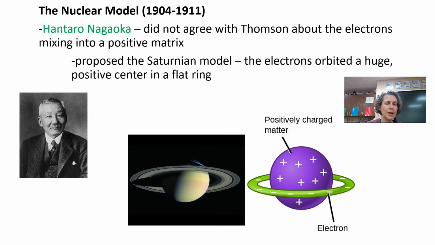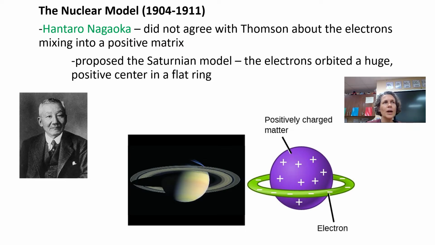scientist is a Japanese man named Hantaro Nagaoka. I'm so sorry. And there's a picture of him. This was, again, the early 19th century. I don't know the background, honestly, but he didn't agree with Thomson about the negative particles being embedded in the positive matrix.